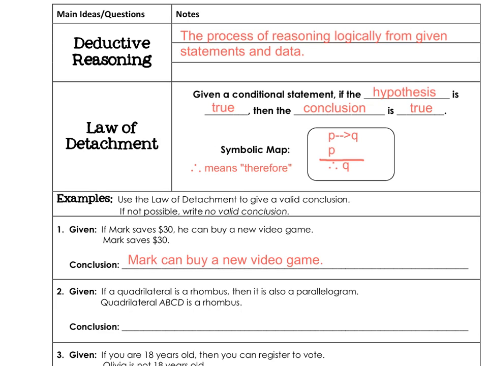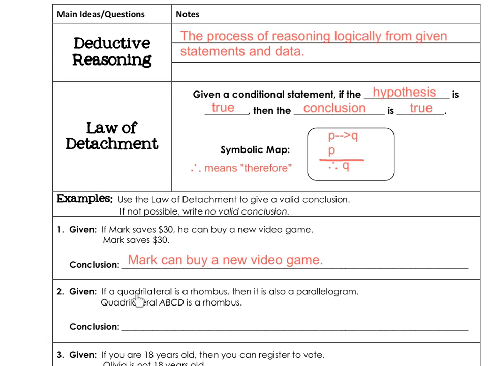Okay, so let's look at statement number 2. So we've been given if a quadrilateral is a rhombus, then it is also a parallelogram. So we've also been given the information that quadrilateral ABCD is a rhombus.